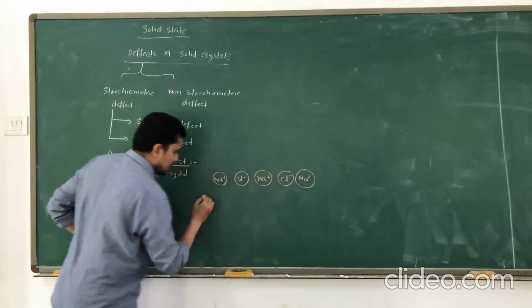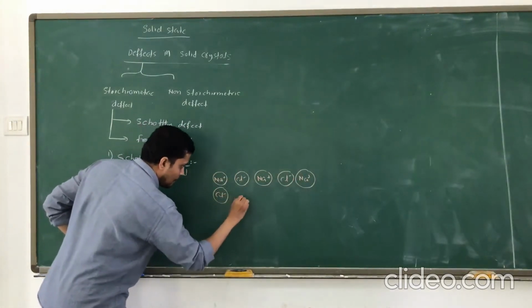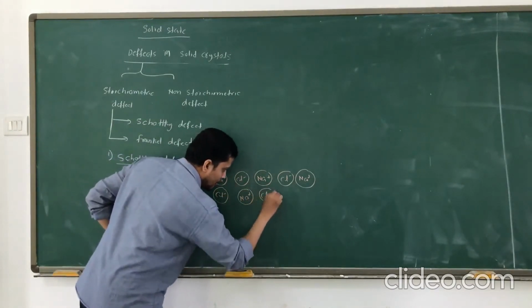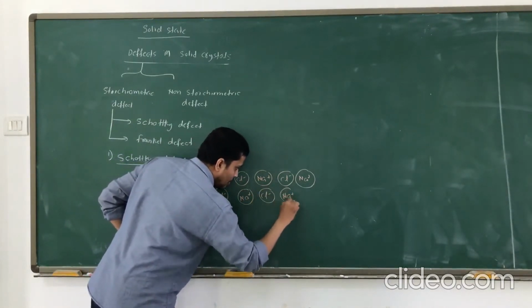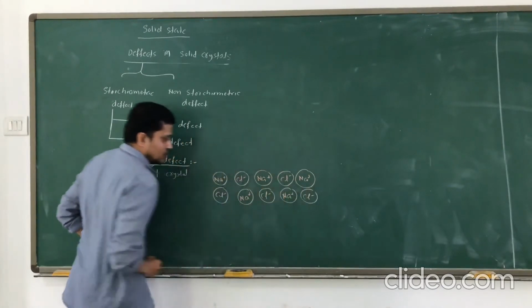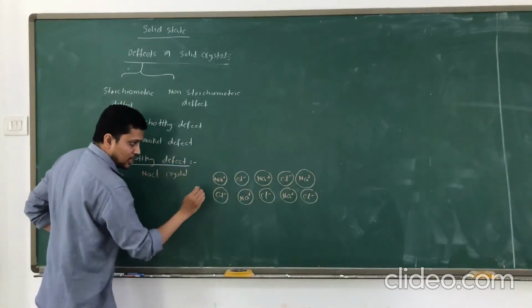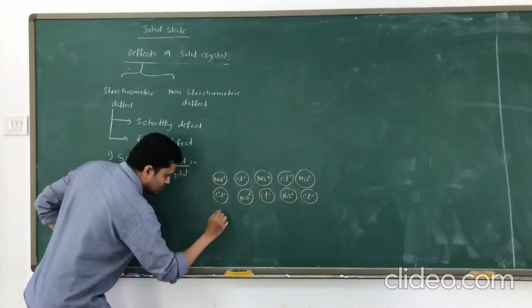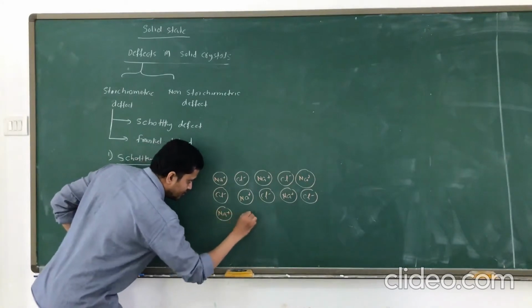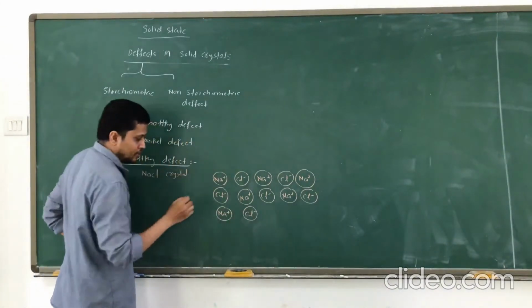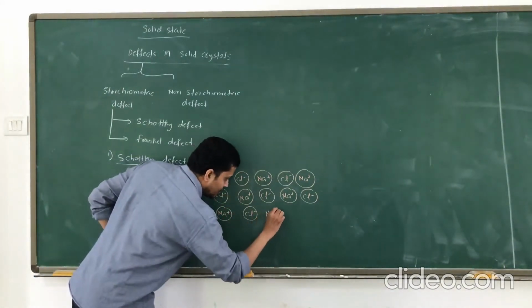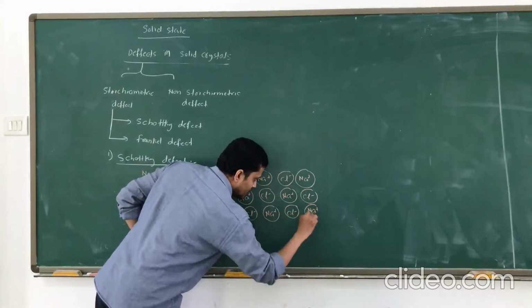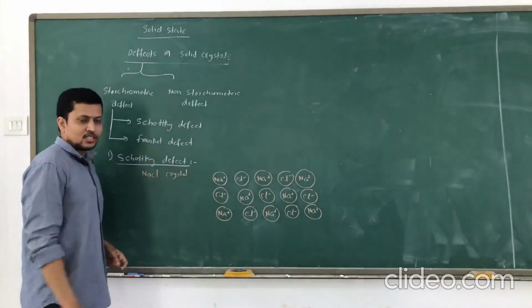So let me draw this. These types of lattice points, the ions, are arranged in the given lattice structure. So this is what we are drawing over here. Here we have Na plus, Cl minus, Na plus. Suppose this is the structure we have.